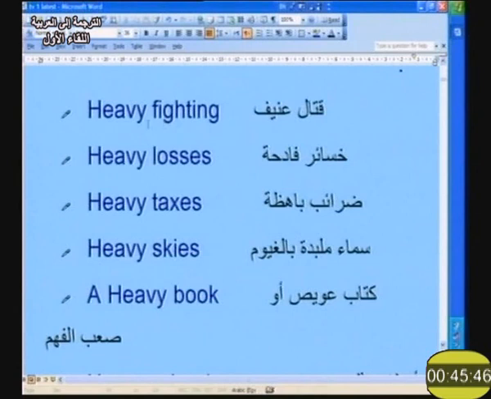Here the word means قتال عنيف. With losses, heavy losses, خسائر فادحة. The word فادحة, adjective in Arabic, is used with خسائر دايما، والخسائر فادحة.